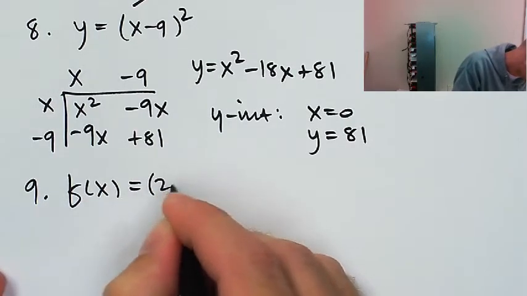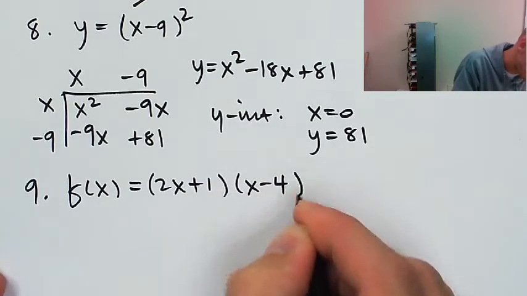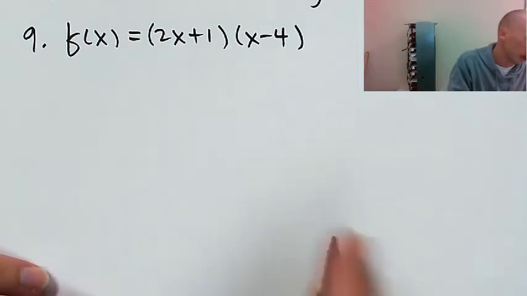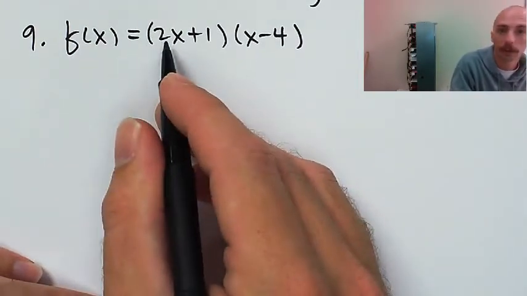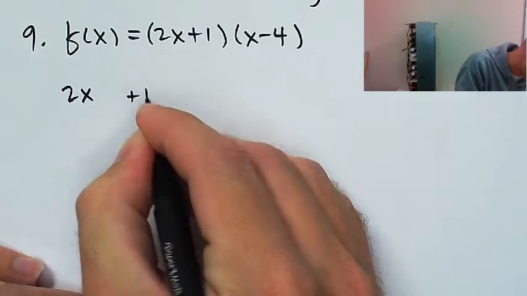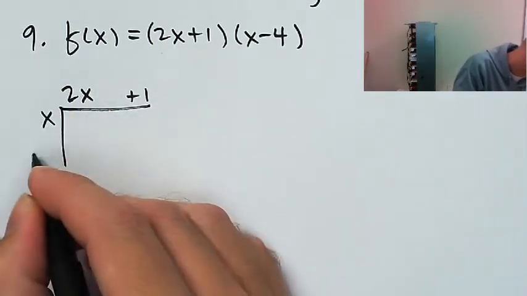So y equals 2x plus 1 times x minus 4. This has got a little something different. It's got a 2x there. So we'll have a 2x and a plus 1. We're going to multiply that against the x and the minus 4.